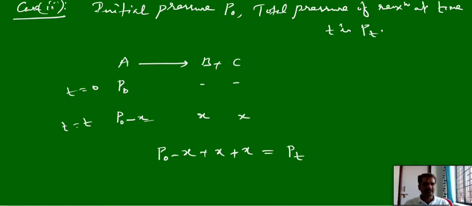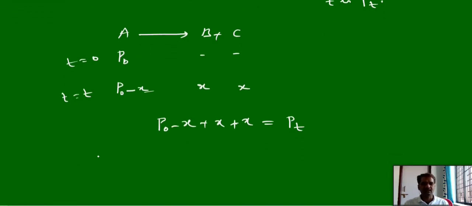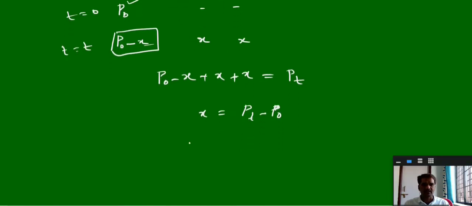Now to identify the integrated rate equation, what is required? k is equal to 2.303 by t ln of initial concentration and concentration at a time t. P naught is there directly. We require the value of P naught minus X. So what is the X value that we have to identify? From this, X is equal to Pt minus P naught. This is the X value. Then you identify P naught minus X.